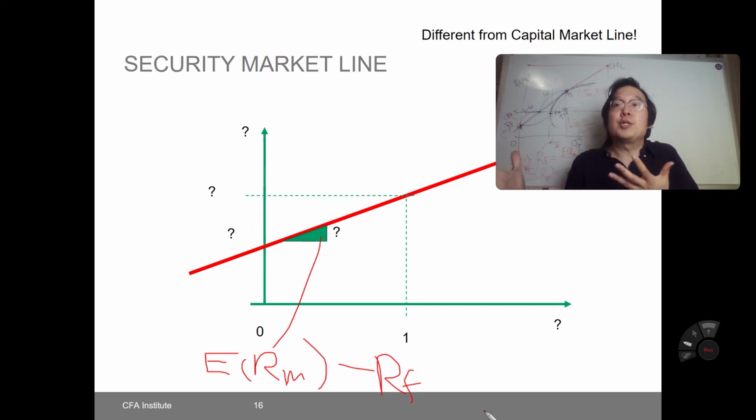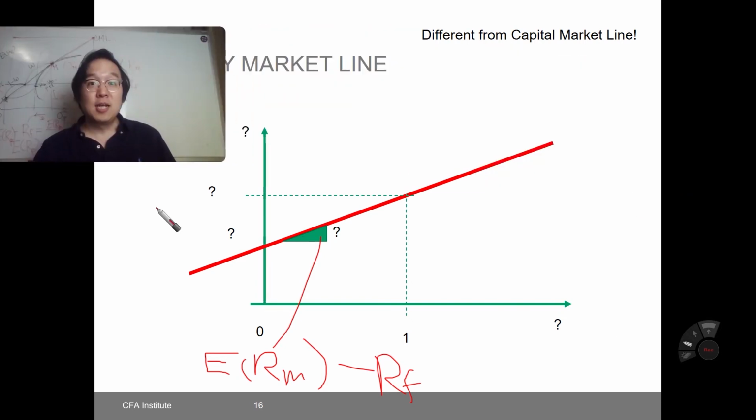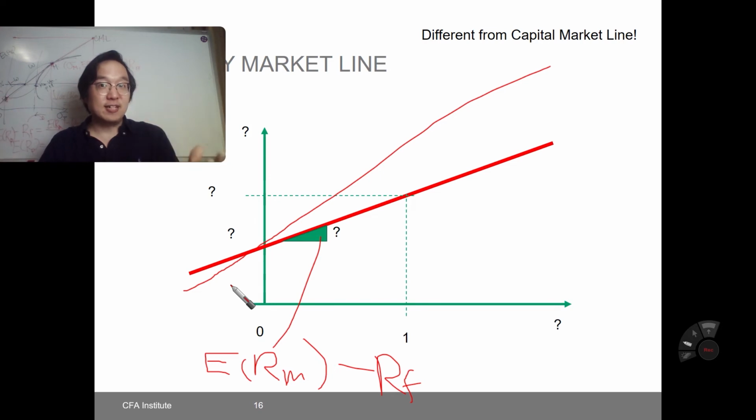More risk averse, higher risk premium. That means the security market line's slope will be what? Steeper. So compared to before, compared to 2019, what can you say about the security market line's slope as of today, 2020, especially March and April?